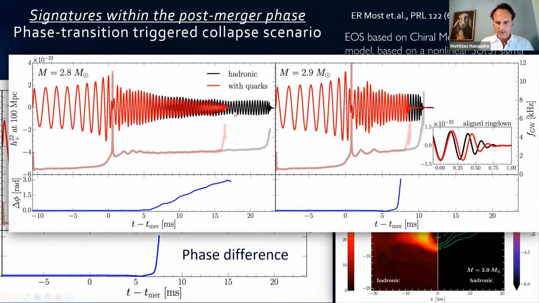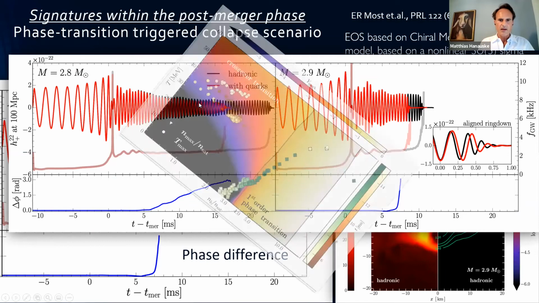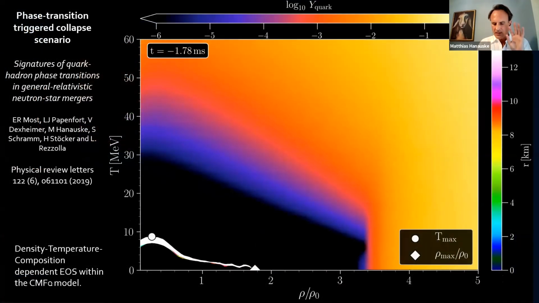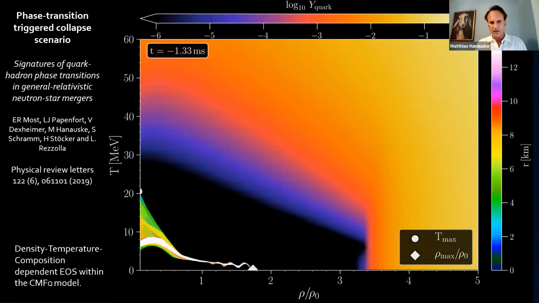A lot of articles, not only this article from our group, show that if such a phase transition occurs, one sees an earlier collapse to a black hole with a different ringdown phase. But you see here also a phase shifting, and this I will explain. I will now show you the movie of how the situation with a phase transition looks like.